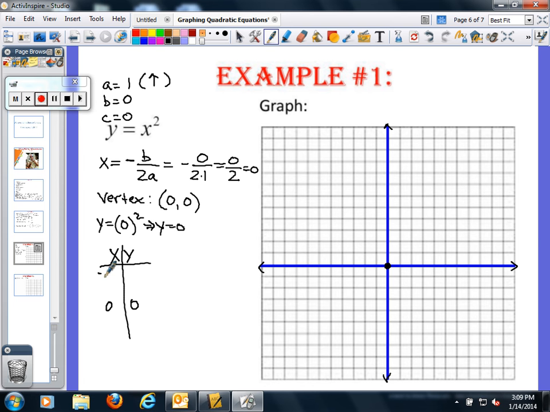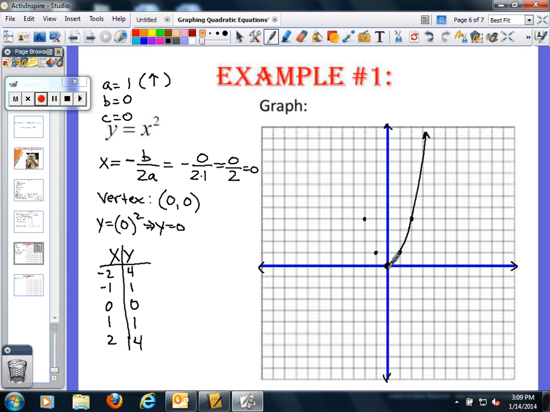So I'm going to pick -2, -1, 1, and 2. And now I'm going to go ahead and plug them in. So -2 squared is going to be 4. -1 squared is 1. 1 squared is 1. 2 squared is 4. And here are my points for my graph. So I've got 0, 0. I've got 1, 1. And I've got 2, 4. I've got -1, 1, and -2, 4.